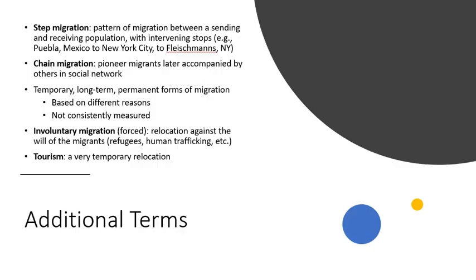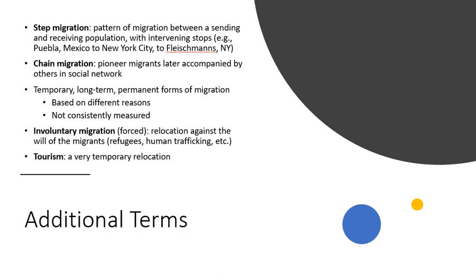A couple of other interesting concepts that go along with migration are those of step migration. It's a pattern of migration between a sending and receiving population with intervening stops. For instance, one documented step migration was immigrants from Puebla, Mexico, to New York City, and then people from New York City going to the Kingston and Middleburg area, and then from there to Fleischmanns.